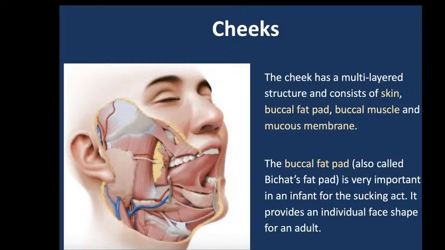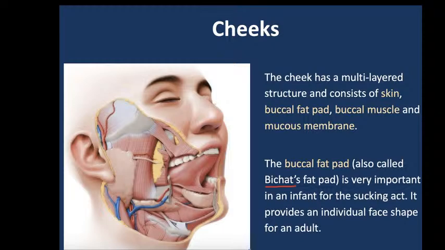It is visible that from the internal side is a mucous membrane, and I would add that Bichat is a name. This is a French anatomist. The Bichat fat pad is very important for the sucking process.